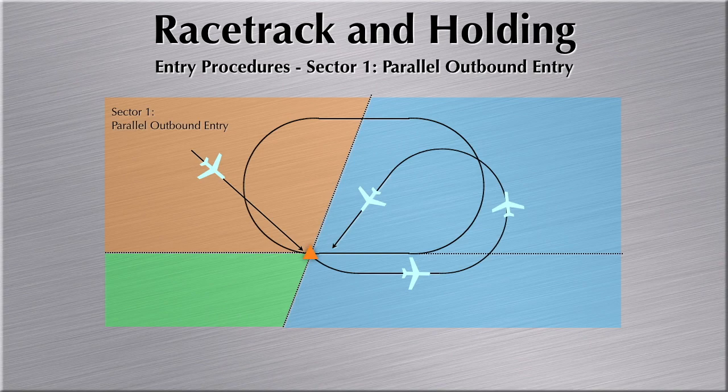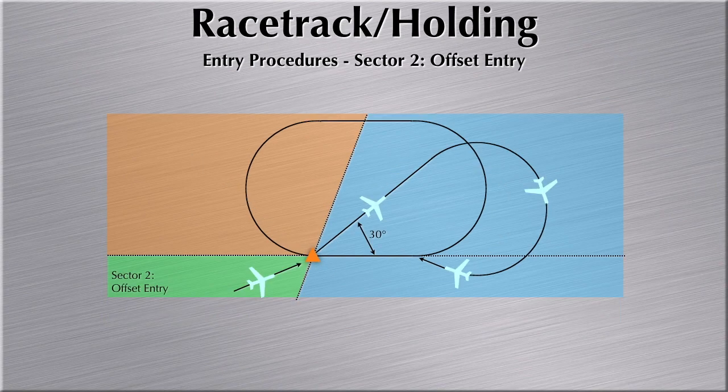From sector 1, we fly a parallel outbound entry, meaning the airplane flies to the holding fix, then turns outbound reciprocal to the inbound leg for the same amount of time or distance outbound, and then turns left to intercept the inbound leg and join the pattern. From sector 2, an offset entry, also known as teardrop entry, is flown.